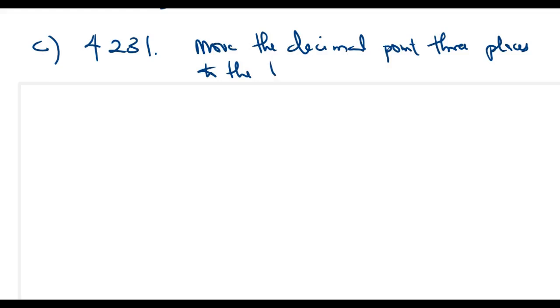So move the decimal point 3 places to the left. So that will be 1, 2, 3, and the decimal will be in between 4 and 2. So that will be 4.231 times 10 to the power of what? 3. So the power of 10 here is positive because this number is greater than 10.